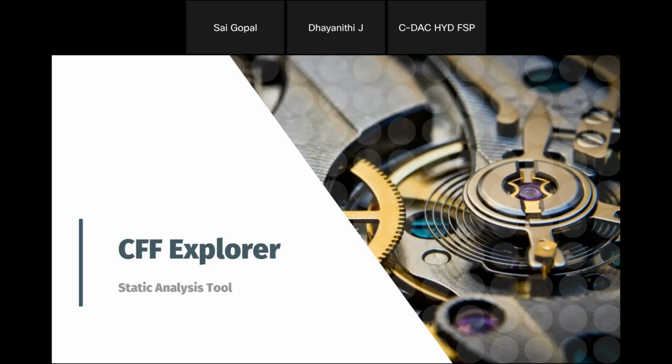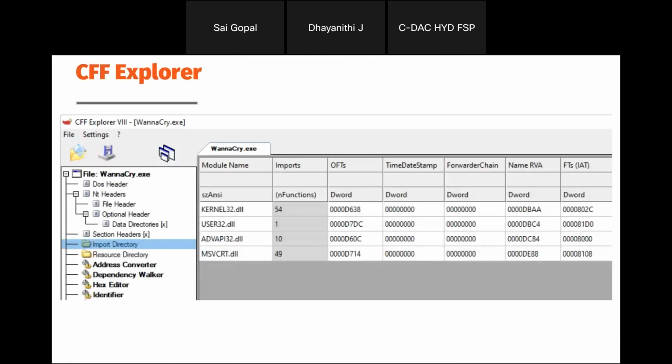Since we know that this binary is a Windows binary, we need to read the information about the PE. The CFF Explorer will give you the information about the PE structures. PE means portable executable structures. Whenever you open CFF Explorer, the left part of the screen represents the different sections present in the PE header.